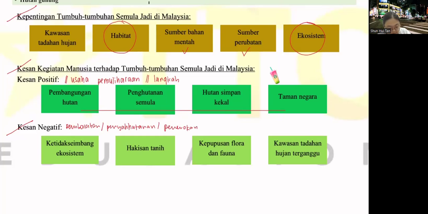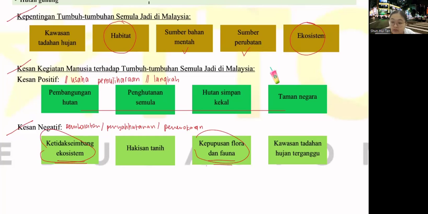Then you should tell me that, oh, ketidakseimbangan ekosistem, kepupusan flora dan fauna, hakisan tanah, tadahan hujan terganggu. Now, of course, ketidakseimbangan ekosistem and kepupusan flora dan fauna are the very general answers, applicable to all the forests, most of the forests.